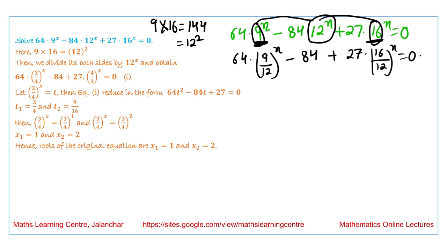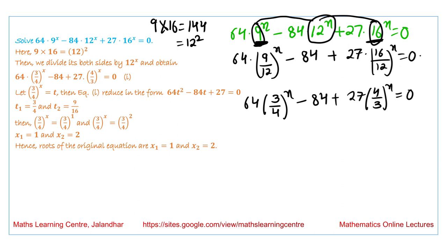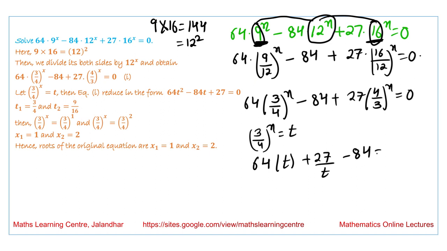So the equation we are left with is 64 into 3 by 4 raised to the power x minus 84 plus 27 into 4 by 3 raised to the power x is equal to 0. Now if we substitute 3 by 4 raised to the power x is equal to t, this equation becomes 64 into t plus 27 upon t minus 84 is equal to 0.